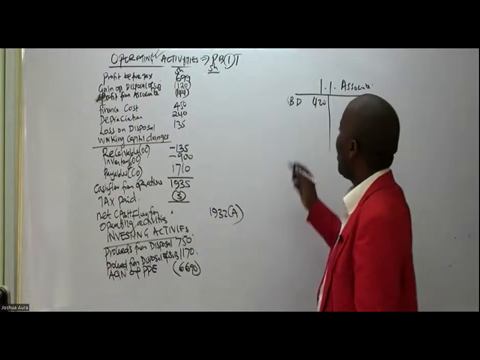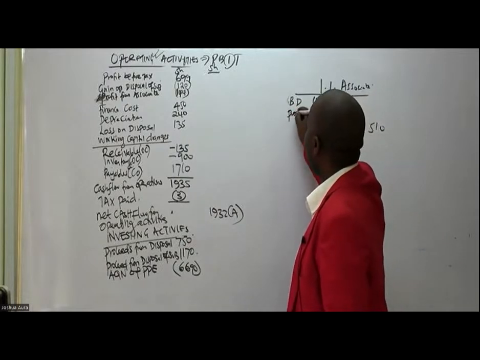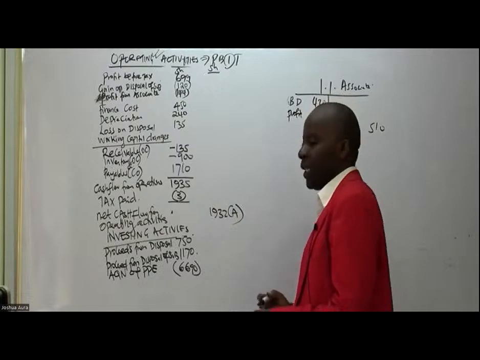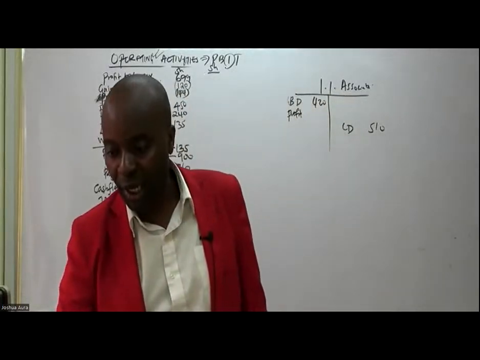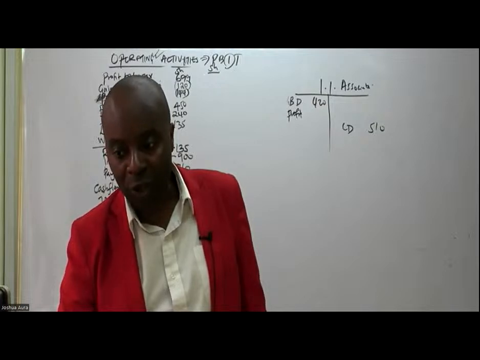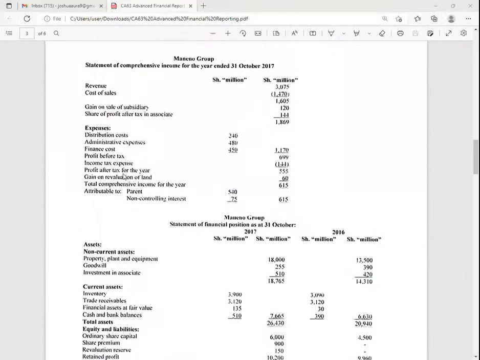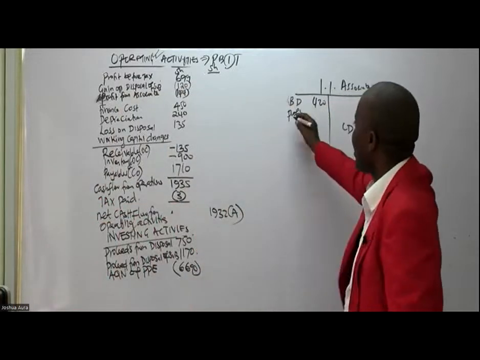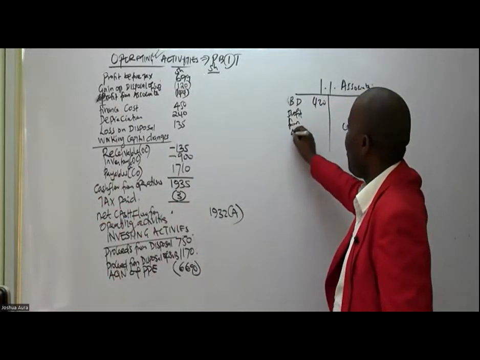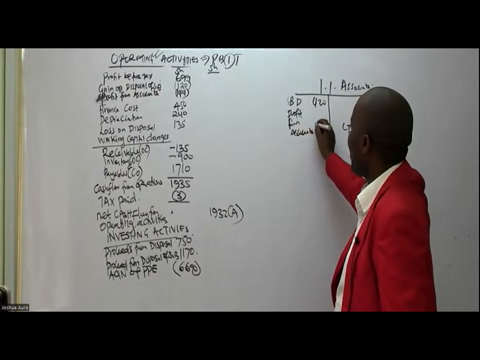The profit that you got here is the share of profit from the associate, which is 144 there. That is it really. There's nothing much here.